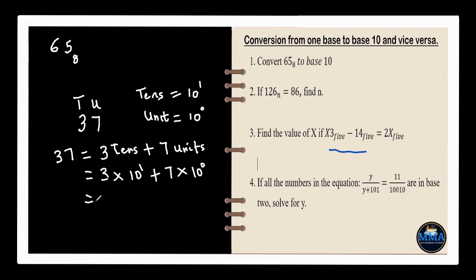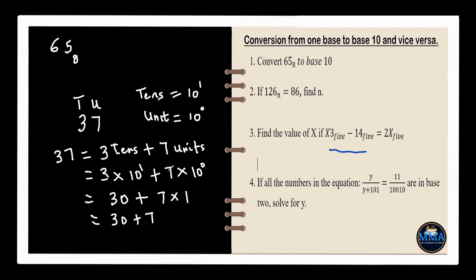And 10 raised to power 1 is 10, so 3 times 10 is 30. Whereas 10 raised to power 0 is 1, so here we have 7 times 1. So altogether, we have 30 plus 7. In expanded form, 37 is actually 30 plus 7.